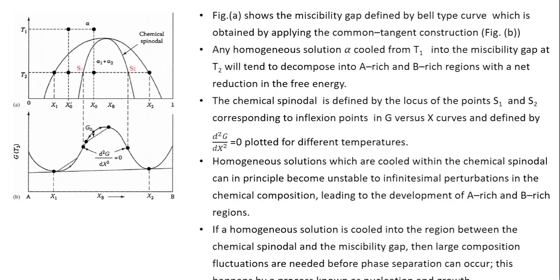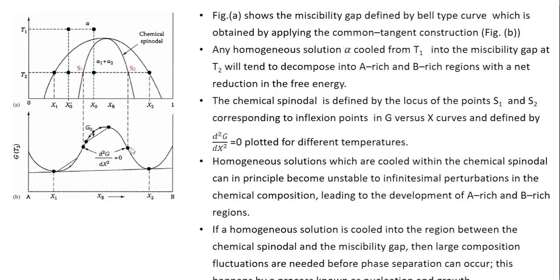Any homogeneous solution alpha cooled from T1 into the miscibility gap at T2 will tend to decompose into A-rich and B-rich regions with a net reduction in the free energy. The chemical spinodal curve is defined by the locus of the points S1 and S2 corresponding to inflection points in the G versus X curve. Here X is the composition and this is the free energy.